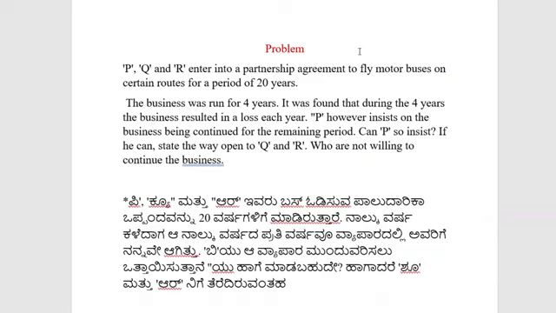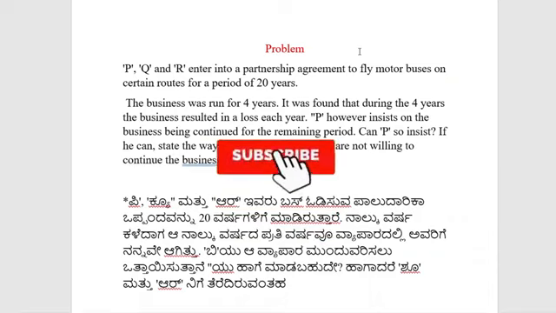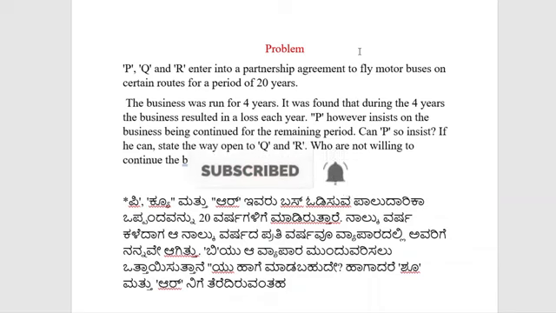In this way, if you know the law, you will be able to answer any problem which may be given in the examination. So this is with regard to the problem concerning the dissolution of a partnership firm under section 44F with regard to continuous losses.